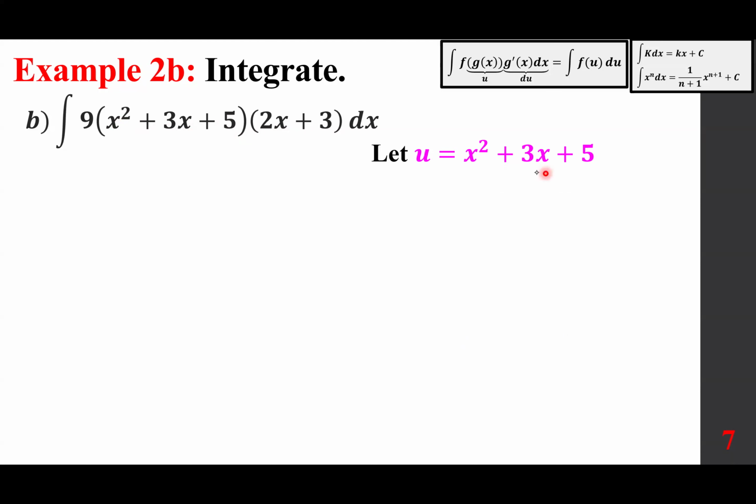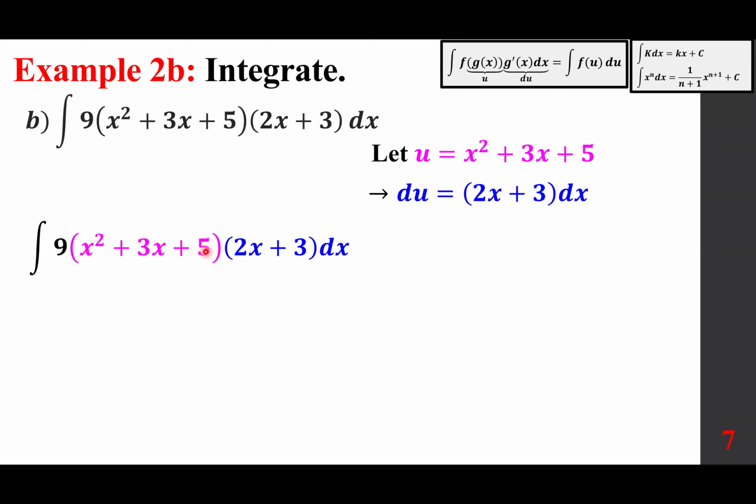The derivative is 2x plus 3. That means du is 2x plus 3 times dx. You don't have to move anything. Just notice this is u. 2x plus 3 dx is du.